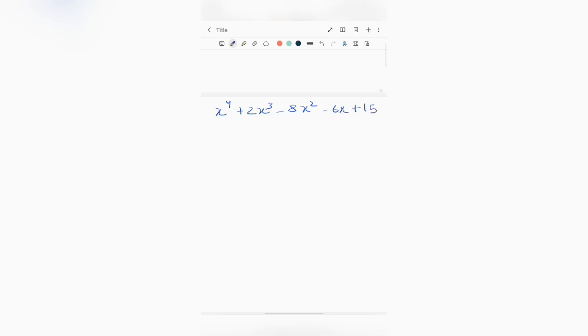Let's divide this polynomial by the other polynomial, x cube plus 4x square minus x minus 10, and see what we get. Firstly we get x, and x to the power 4 plus 4x cube minus x square minus 10x.